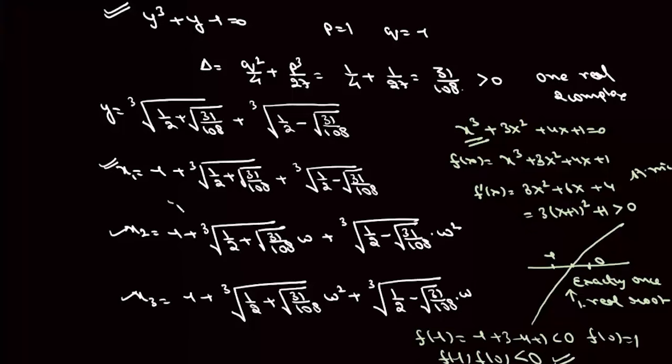If we feed it into a calculator, this x1 will be nearly minus 0.317672. So basically, this is the only real root, and it lies between minus 1 and 0. So this is what Cardano's method gives us.